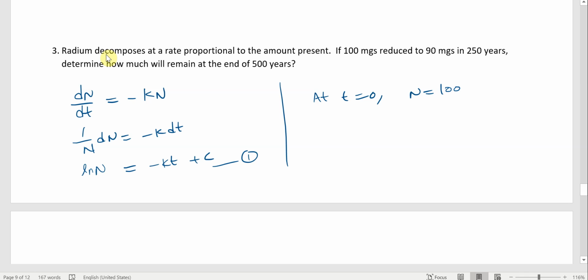After 250 years, it becomes 90 milligrams. So let us substitute these two in equation 1. ln 100 times 0, so this will become 0 plus c, this is equation 2. Let us write equation 2 in 1 again.